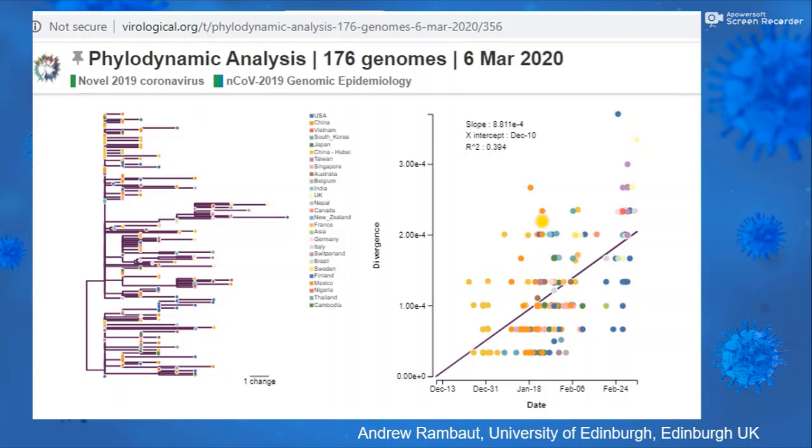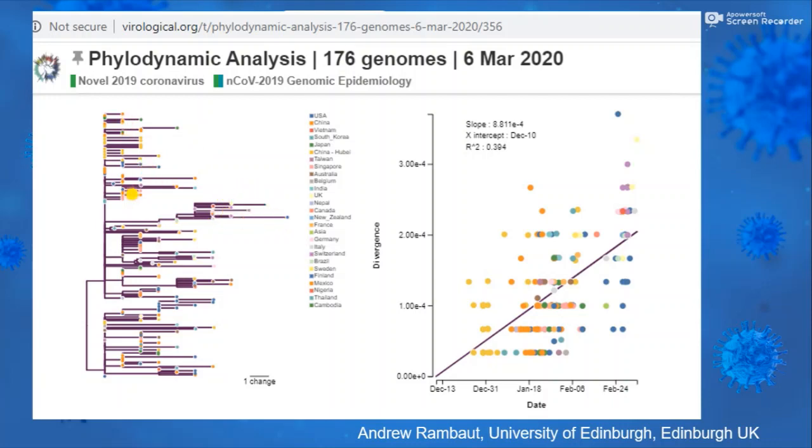Another phylodynamic analysis was posted on the 6th March. Here the amount of data is coming every day, so the dates of the publications are becoming very important. Here Professor Andrew Rambaut took different viral samples, data from different countries, and showed how they vary from one strain to another.